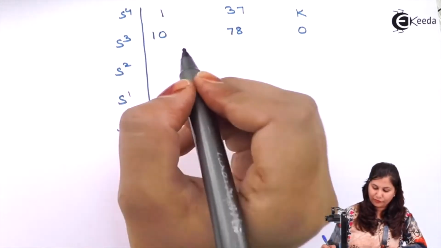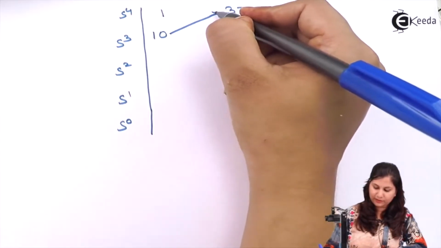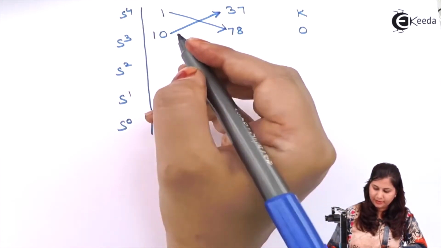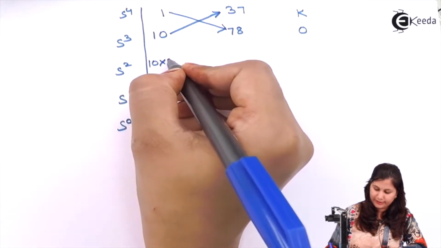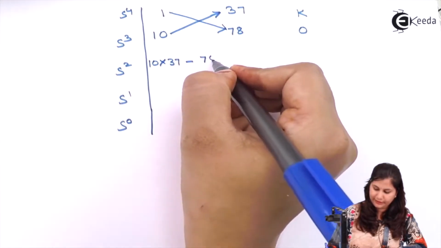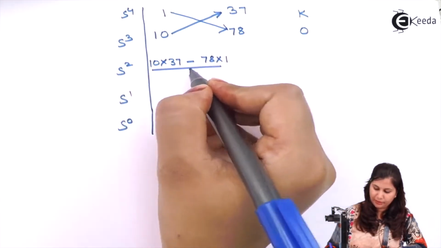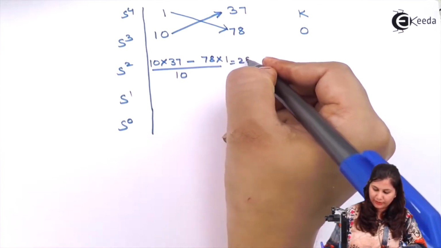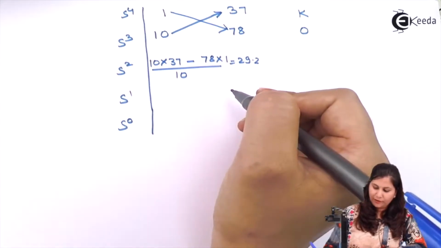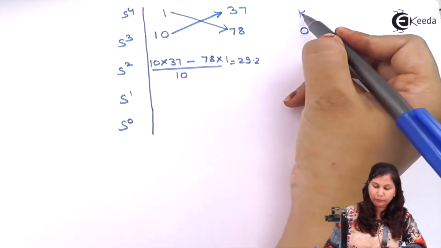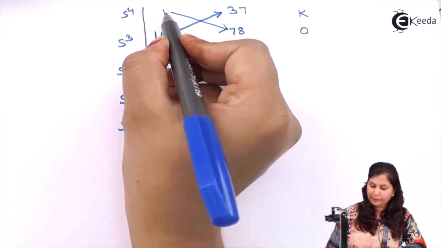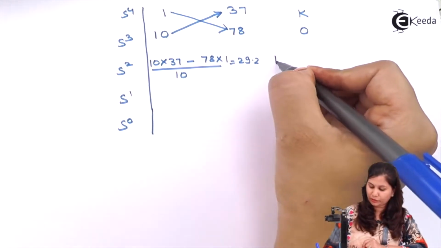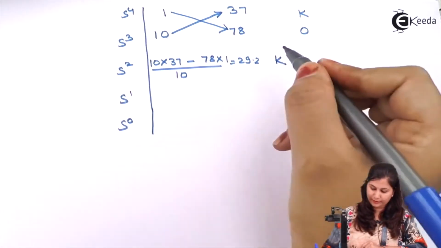To find the coefficient of s square, multiply this with this, then 1 minus this into this upon 10, that is 10 into 37 minus 78 into 1 divided by 10. When you solve this, you will get the value 29.2. For the next, we multiply 10 with K, then 1 into 0, that is 0, and divide by 10. So you will get the coefficient here as K only.